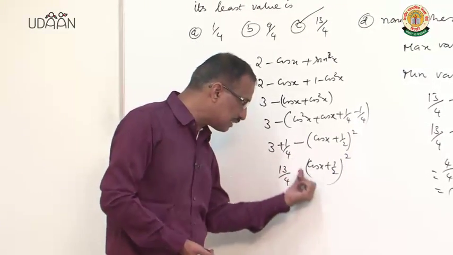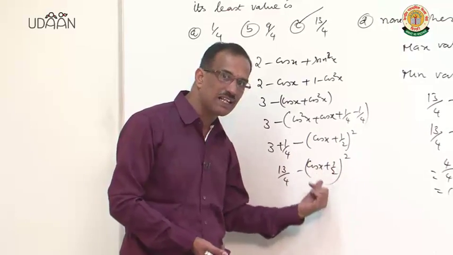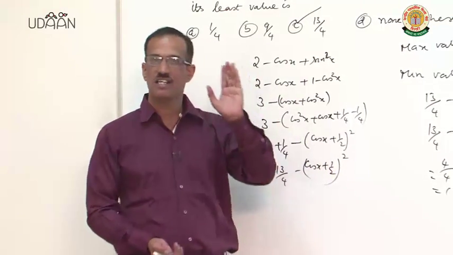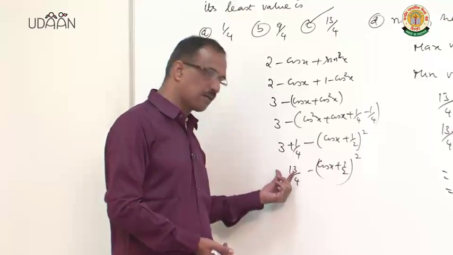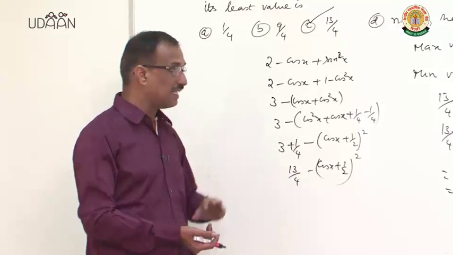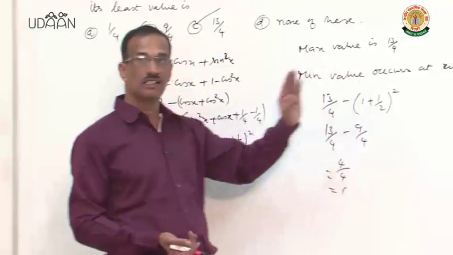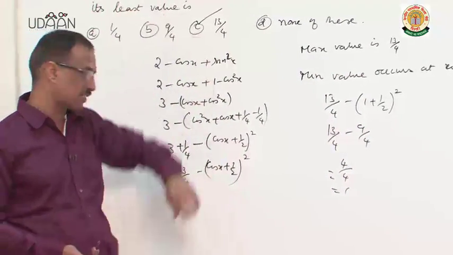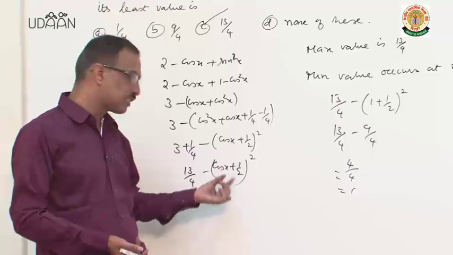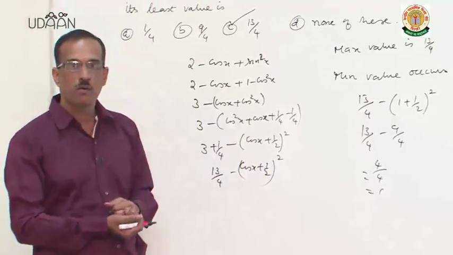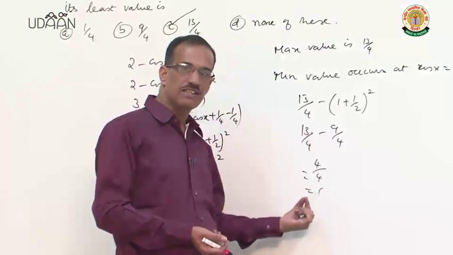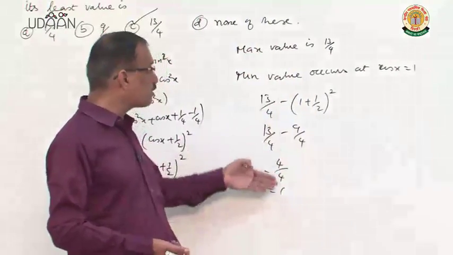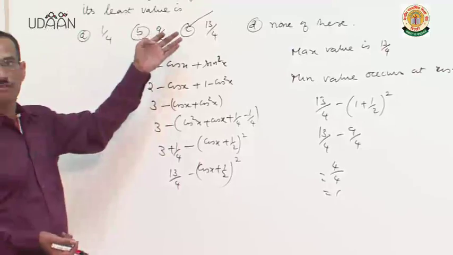Maximum can occur when this becomes 0, which is possible when cos x is equal to minus a half, and this maximum value becomes 13 by 4. And then the minimum value occurs at the maximum of cos x. So minimum value occurs when cos x is equal to 1, which gives the simplified value 1. So the ratio of these two becomes 13 by 4.